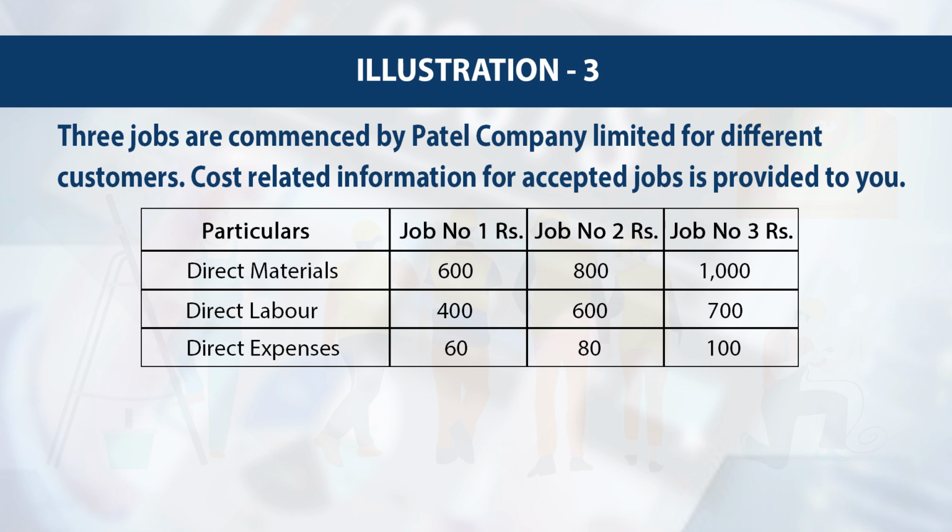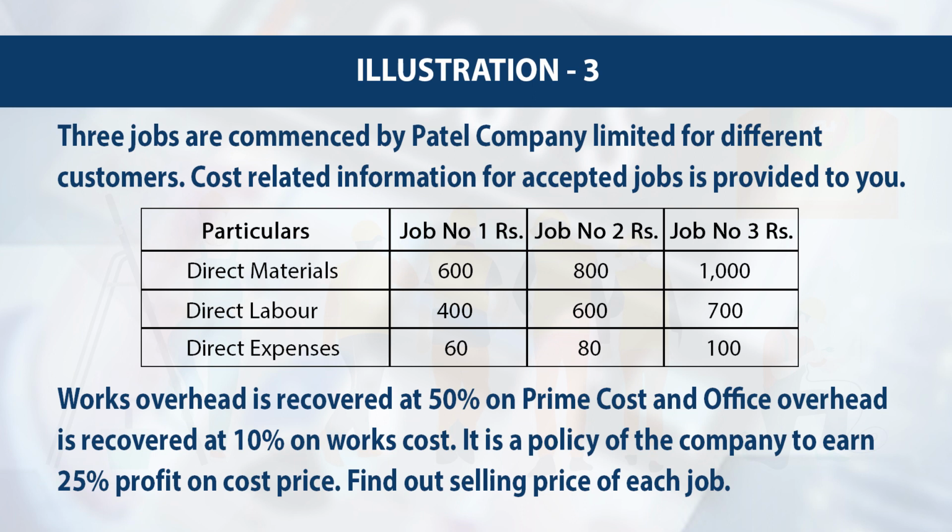Likewise, direct labor is 400, 600 and 700. Direct expenses 60, 80 and 100. Works overhead is recovered at 50% on prime cost and office overhead is recovered at 10% on works cost. It is a policy of the company to earn 25% profit on cost price. Find out the selling price of each job.